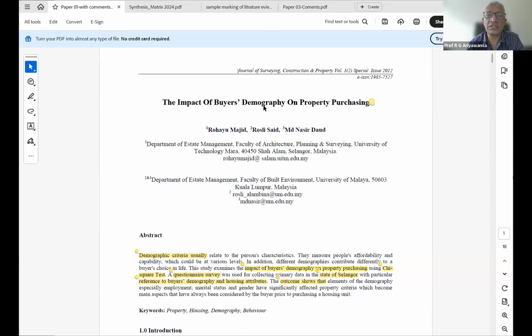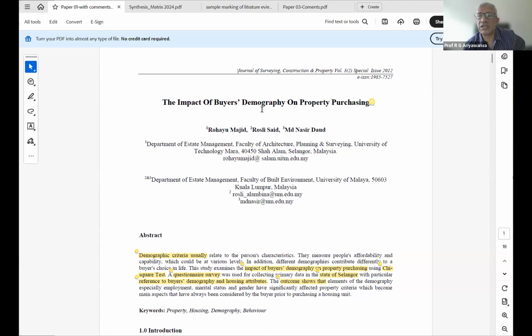And 2 key concepts, bias demography and property purchasing. Those are the key areas. When you are reading, if you are interested in the same, you have to focus on these 2 areas mainly. If you're talking only about property purchasing, that is not adequate. We have to adequately discuss the demography. So demography related theory, concepts, definitions, you have to learn through literature.